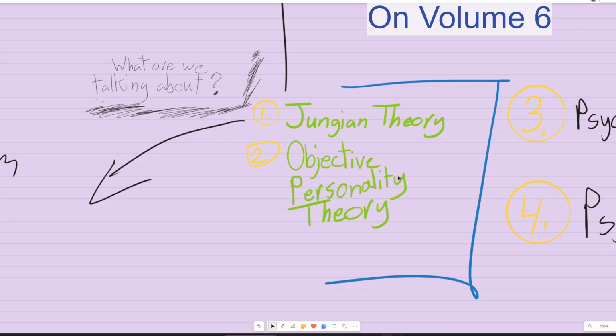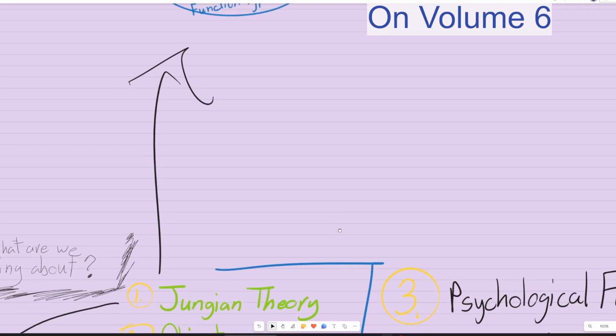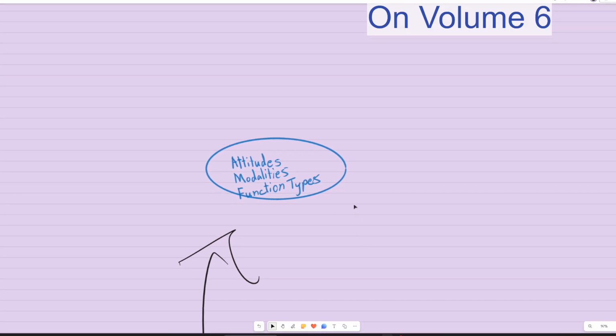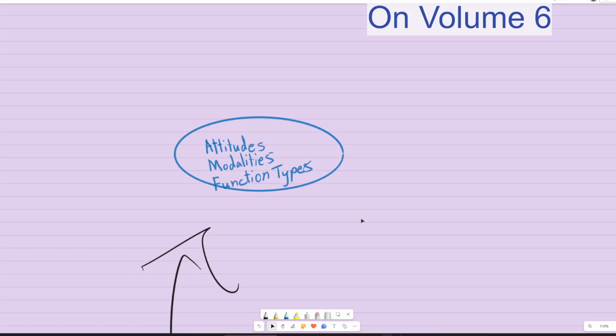in specific conferences. But yeah, so we're saying, okay, attitudes, modalities, and function types. Why? Because it starts with an attitude, or it starts with a modality, or it starts with a function type. So we're going to create a different pairing classification in this context. Okay, so one, we're saying, let me zoom in.